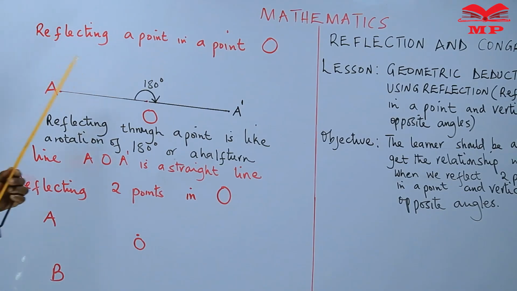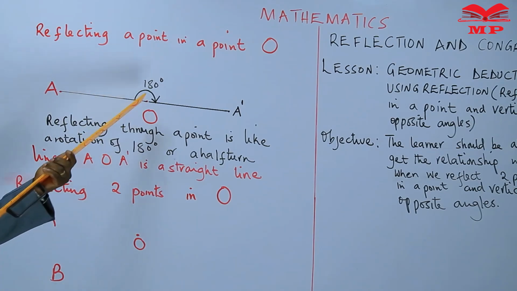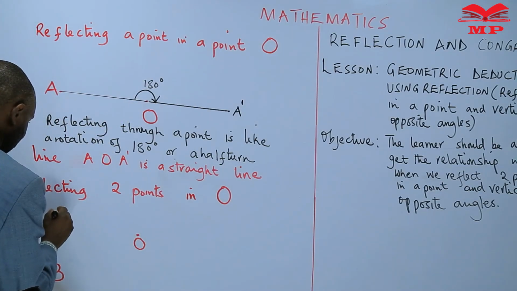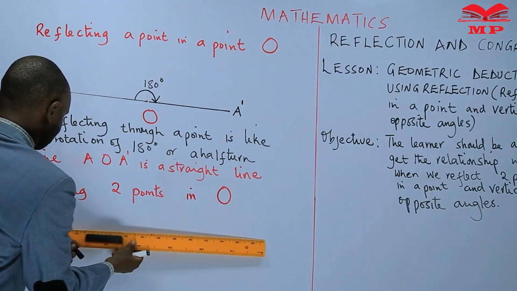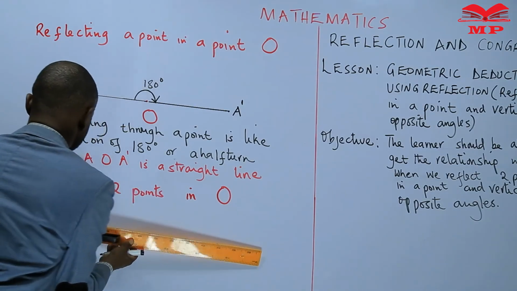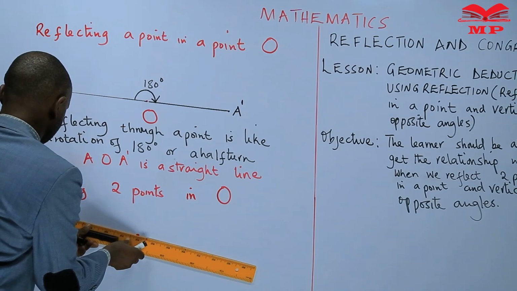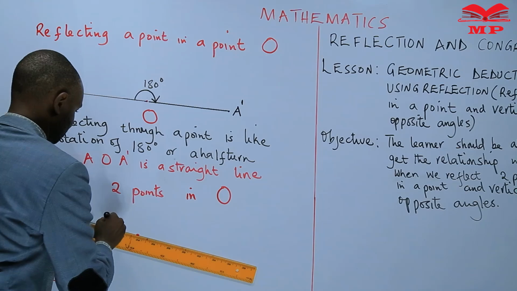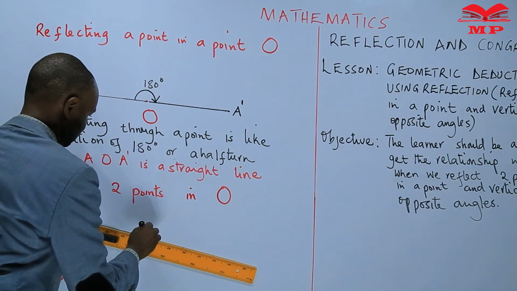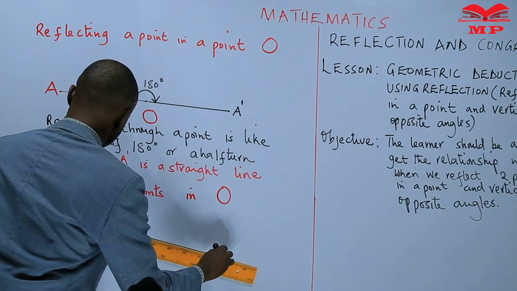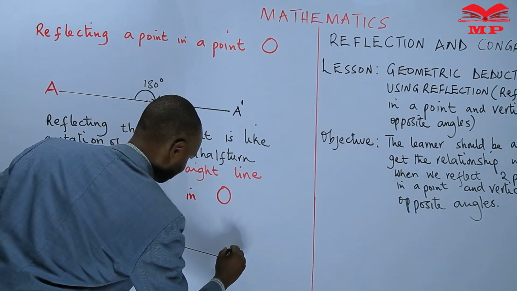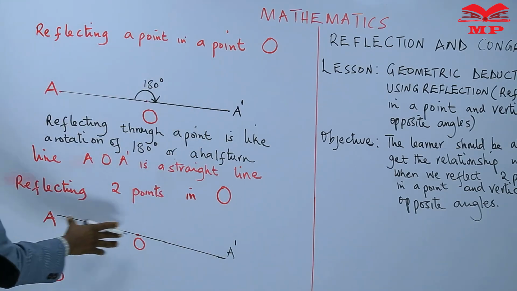From the first relationship, we get a line joining A, O, and the image A prime is a straight line. I'll draw that. So I'll get A prime. This distance and that one is the same.